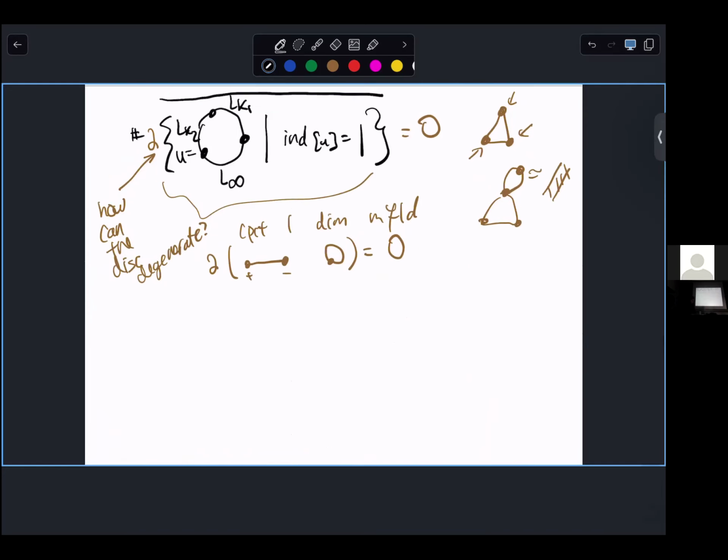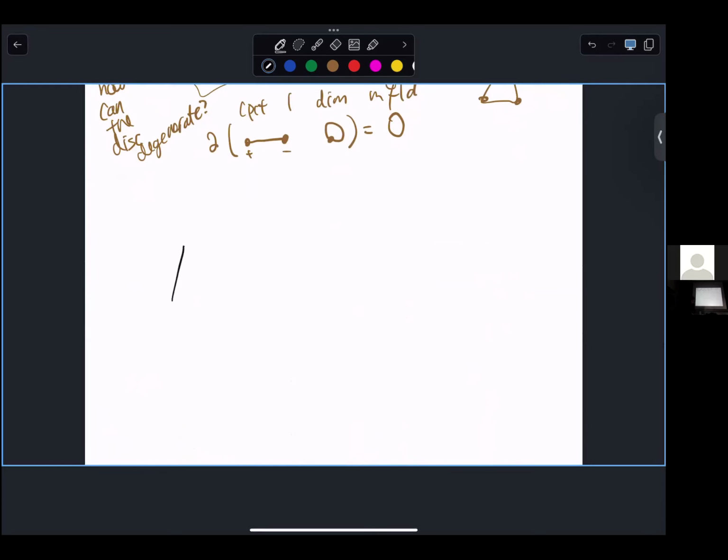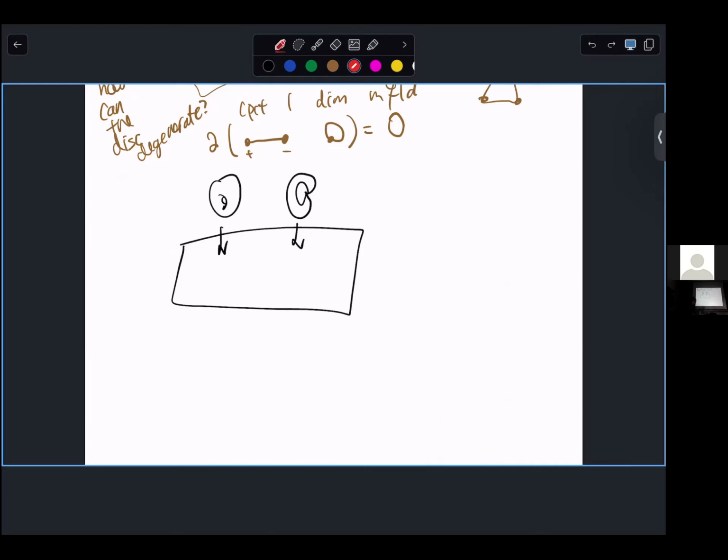Because a thimble normally, okay, if G is equal to 1, this is the mirror. And you would have, I think this one. Or is it the other one? Oh, that one, okay. This one would go to this point, which is a smooth submanifold.